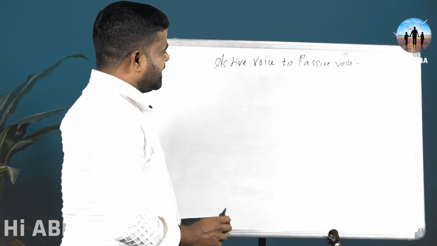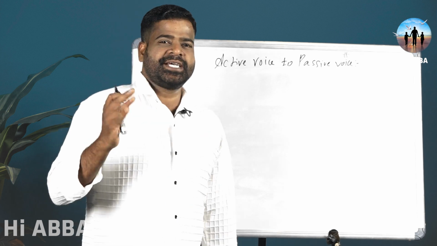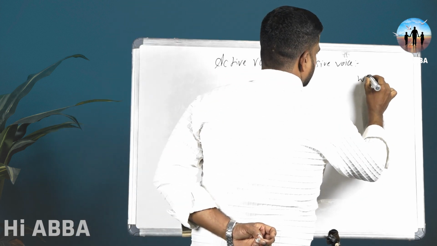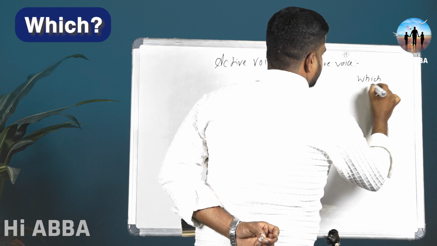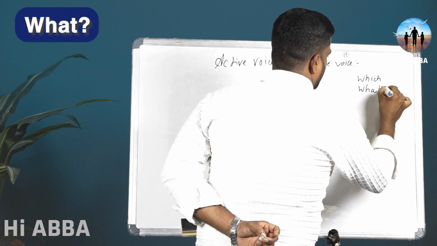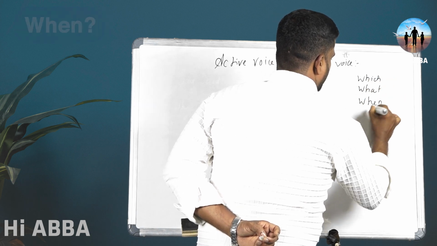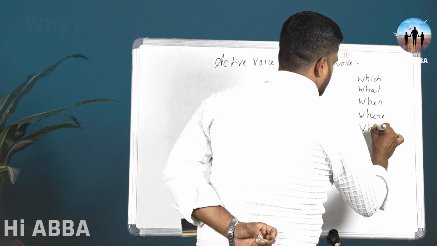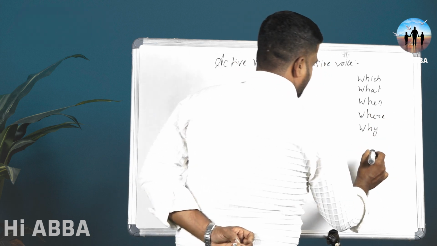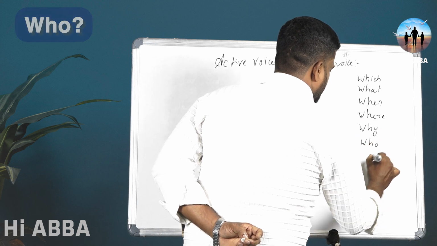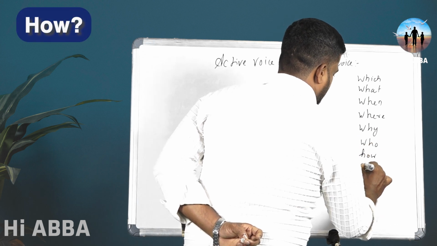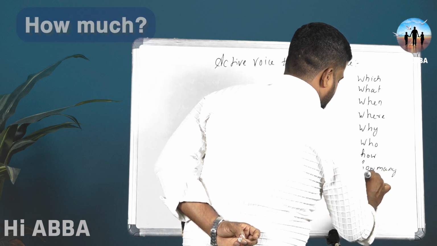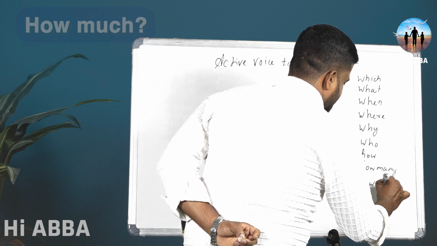So as I said, now let us be reminded of what the WH forms are. So let us write them once again now. Which, what, when, where, why, who, how many, and how much.